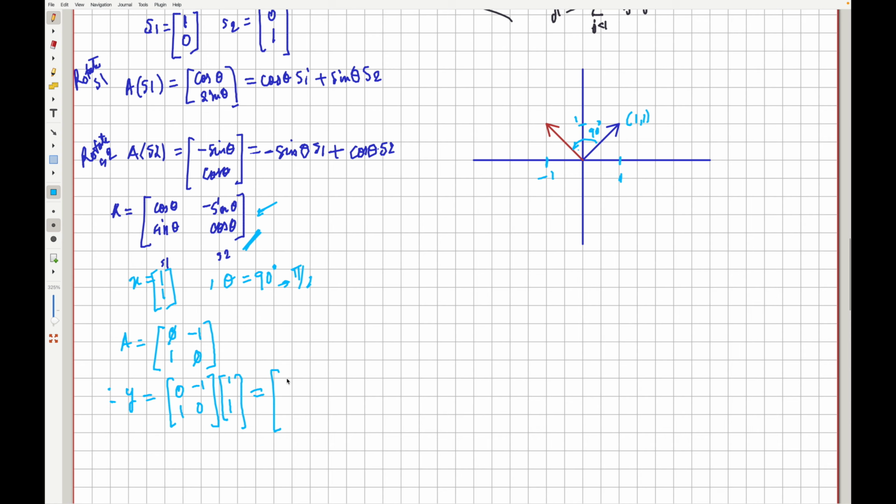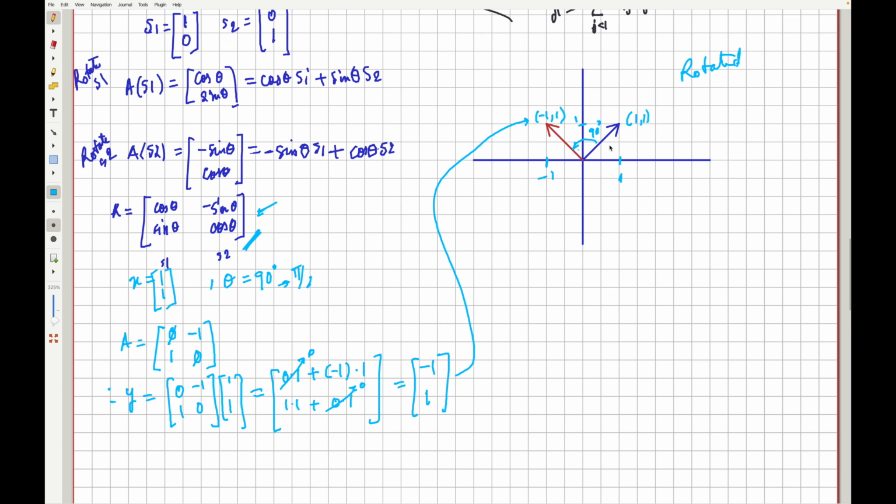So what we get is 0 times 1 plus minus 1 times 1, and then 1 times 1 plus 0 times 1. So this is minus 1 and 1, and what we end up with is (-1, 1). And that is exactly what we have here. This is (-1, 1).